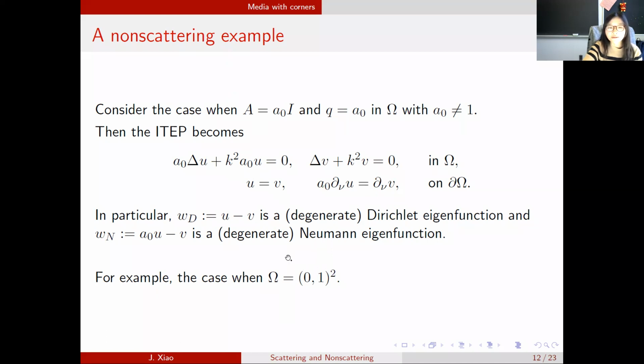For the square, we can compute it explicitly, say when K equals pi times the square root of the sum of two integers squared. And the U and V, the WD and WN, can be represented by trigonometric functions. In those cases, after we calculate, V would be automatically defined in the whole space. And in that case, we actually get non-scattering phenomena.